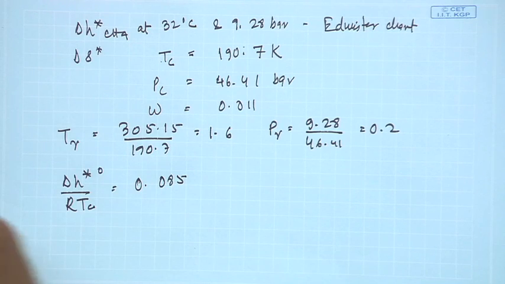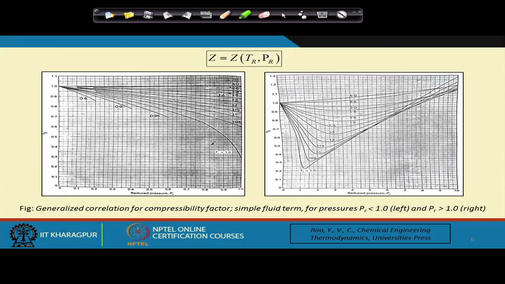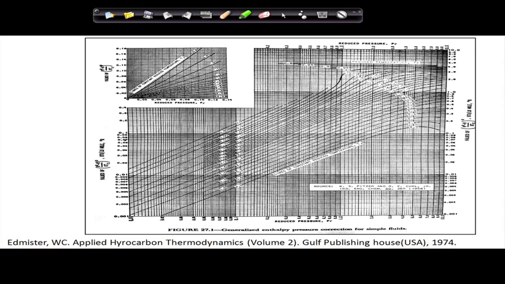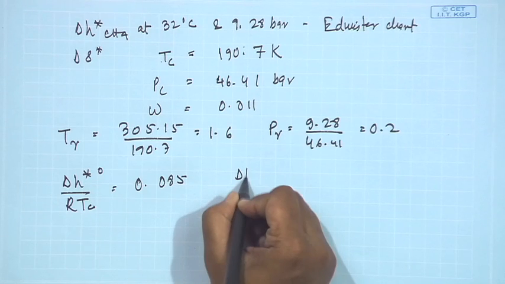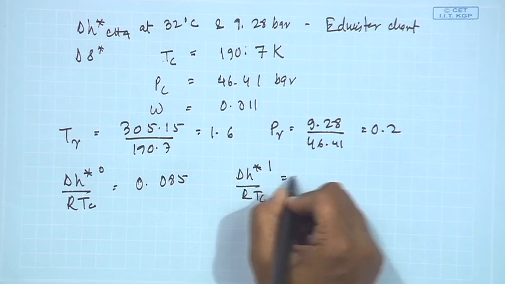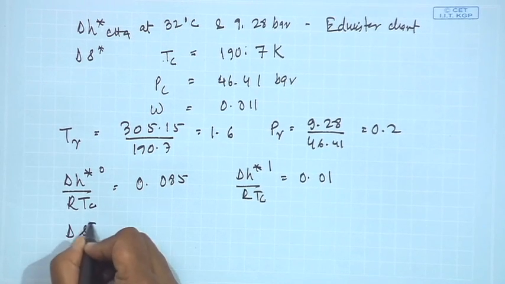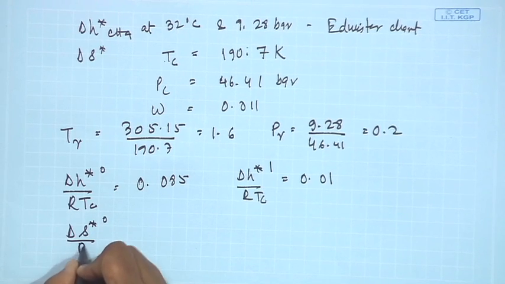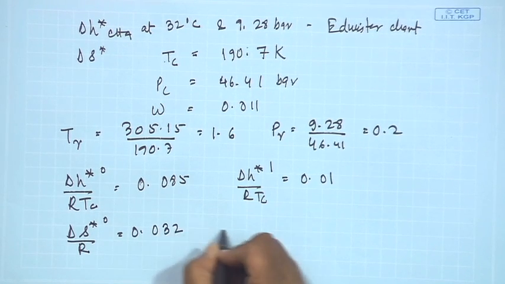Then if you go to the next curve, you are in a position to find out delta H star 1 by RTc. Find it out, you are going to get 0.01. In similar fashion, if you find out delta H star 0 by R, read it out, it's going to be 0.032.